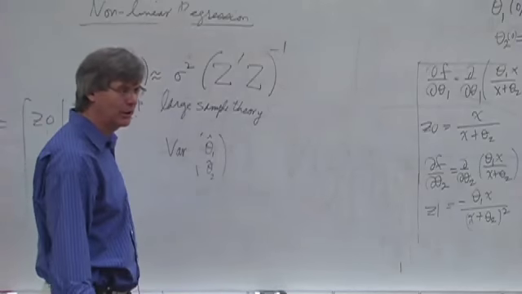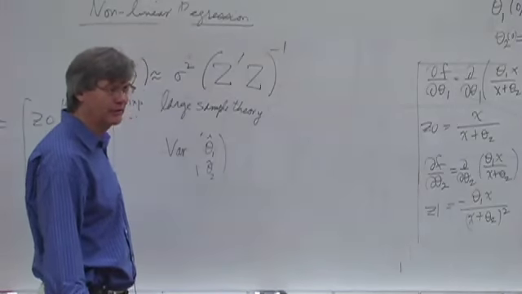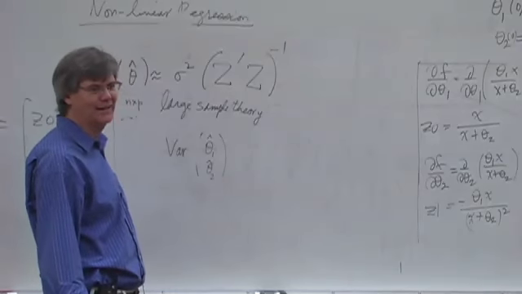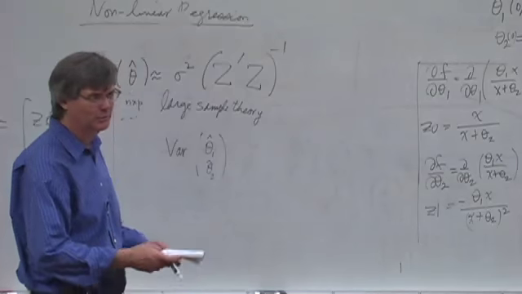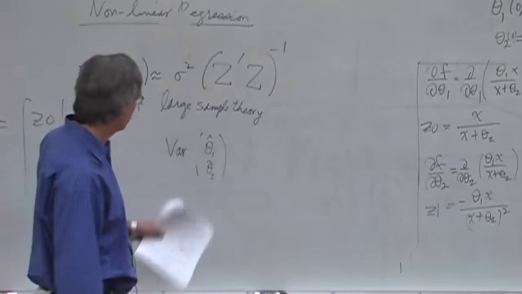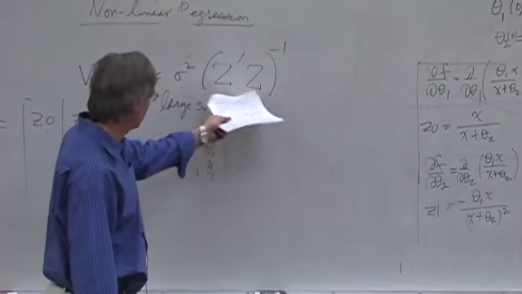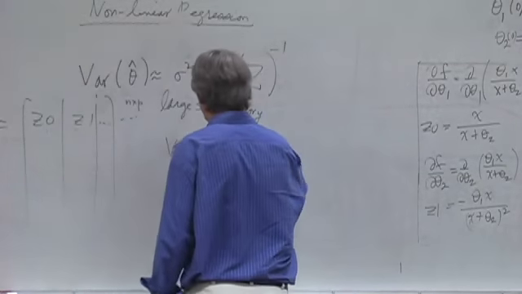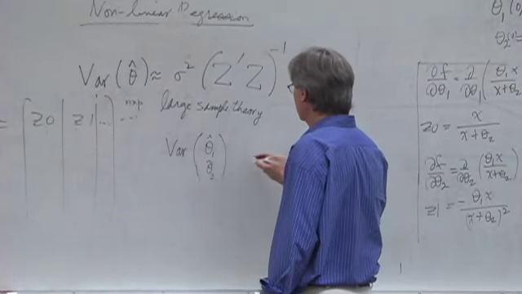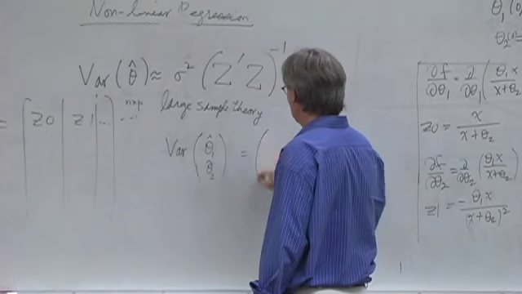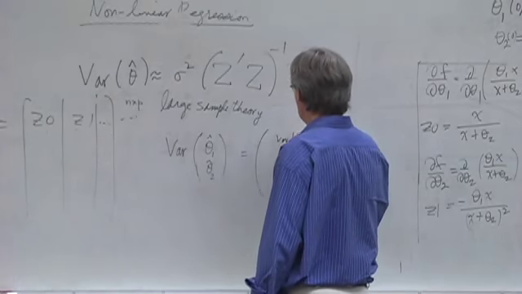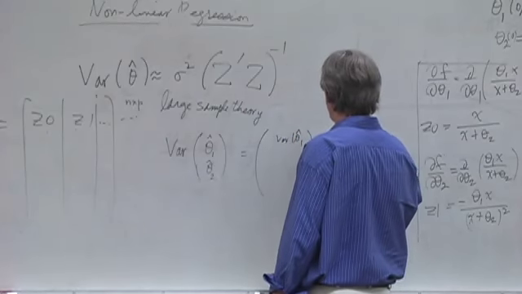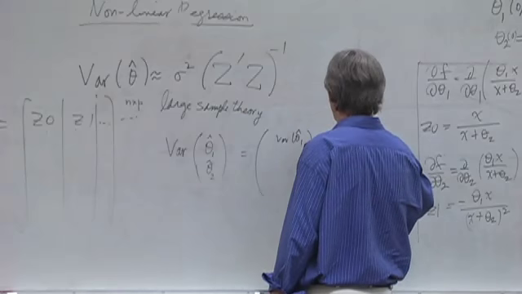Now, what's the theoretical variance of that row of theta 1 hats? I'm not going to redo millions of experiments to calculate the variability of theta 1 hat. I need a nice theoretical expression for it, and it's approximately the 1-1 entry in this variance-covariance matrix. So that's going to be the variance of theta 1 hat, the variance of theta 2 hat, and then the covariance between theta 1 hat and theta 2 hat.